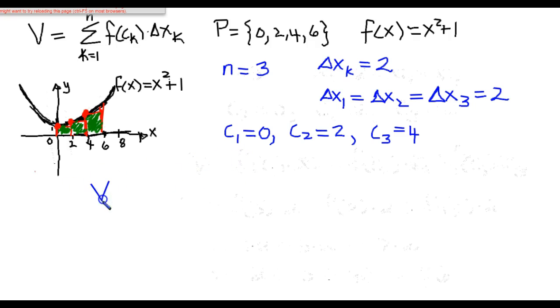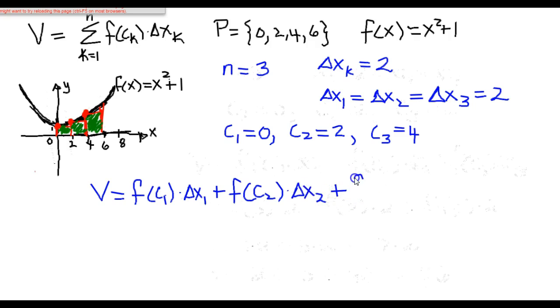So V is equal to f of c sub 1 times delta x sub 1, plus f of c sub 2 times delta x sub 2, plus f of c sub 3 times delta x sub 3.